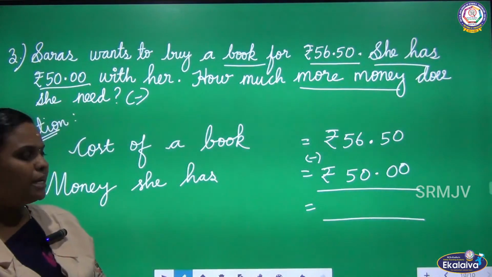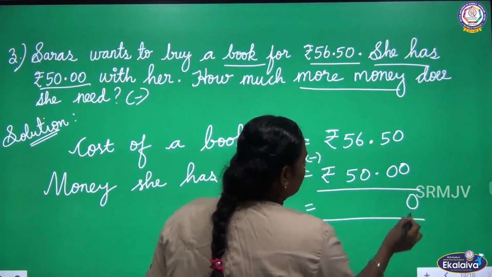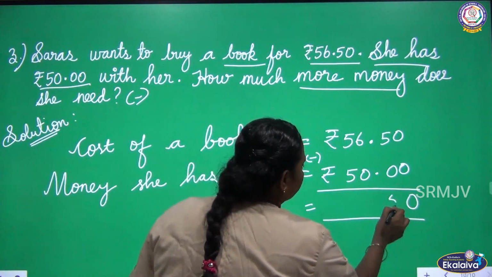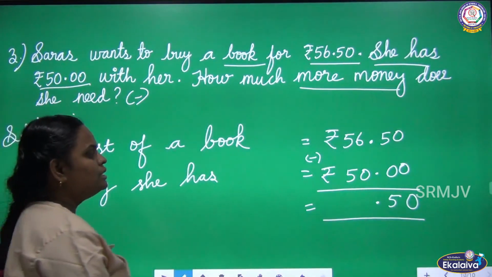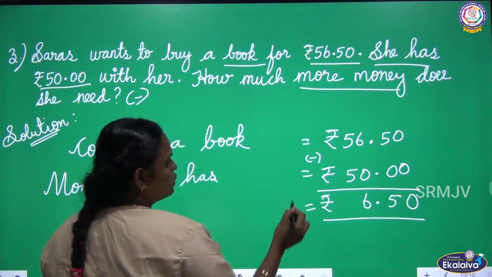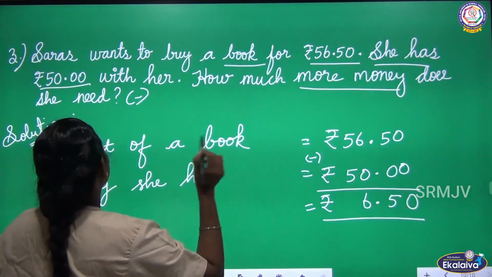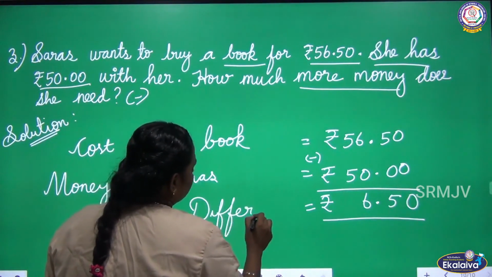So what is 0 minus 0, children? 0 minus 0 is 0. Next, 5 minus 0 is 5. Then put the dot. Then 6 minus 0 is 6. Then again 5 minus 5 is 0, so no need to write there. So how much more money does she need? 6 rupees 50 paise.